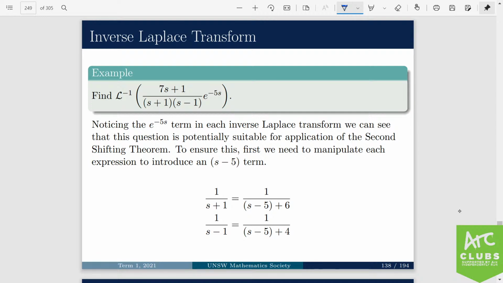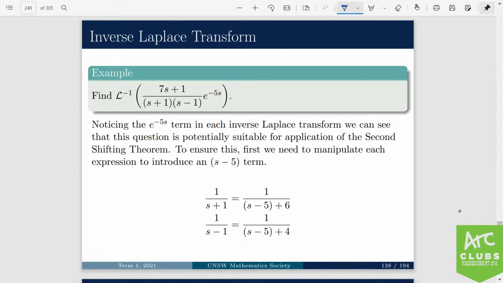So now that we've figured out this guy, or almost, we've got to do one more thing. Now we can start thinking about this e to the negative 5s term. So again, using our second shifting theorem to be more specific, we know that when we have this in the s domain, it's going to introduce a shift when we get back to the time domain. Cool.